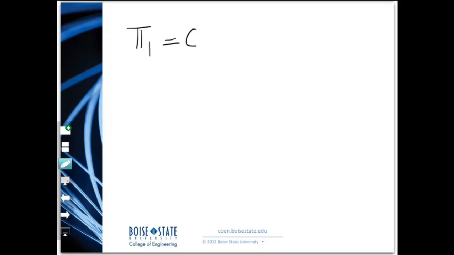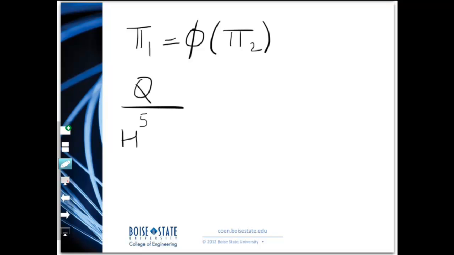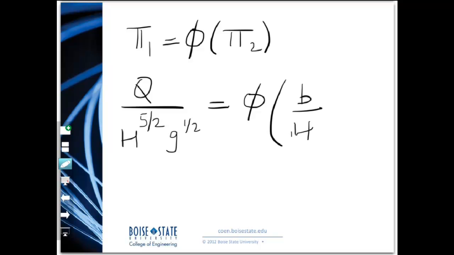Pi 1 is a function of pi 2, or Q over H raised to the power 5 over 2, G raised to the power half, will be some function of B over H. So these are the 2 examples of using the Buckingham theorem.